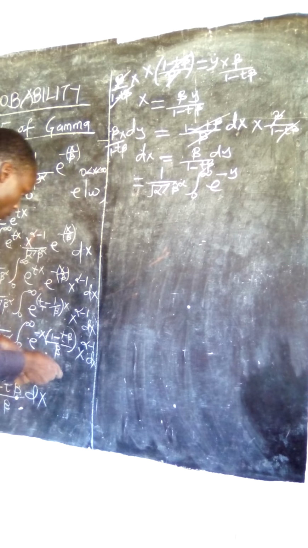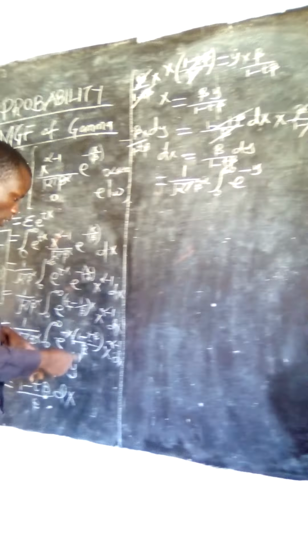After doing that, remember I have x raised to alpha minus 1, and therefore what is x? Already I've said that x is beta y over 1 minus t beta. When I substitute it here, it will be beta y over 1 minus t beta with the content. Remember, this is x, but x was raised to alpha minus 1.